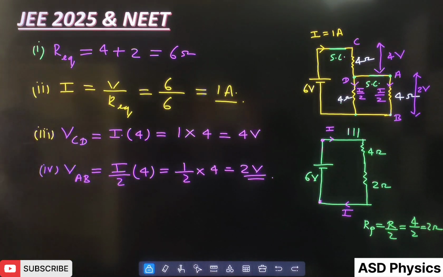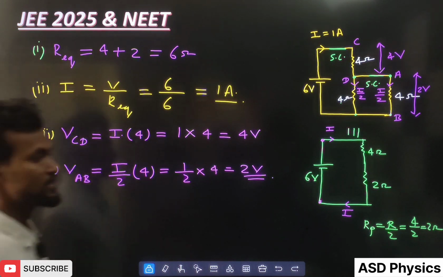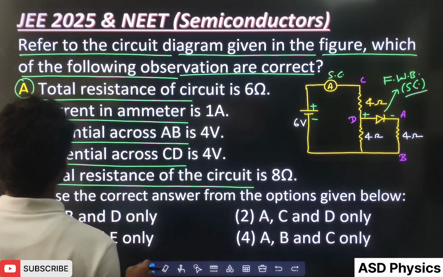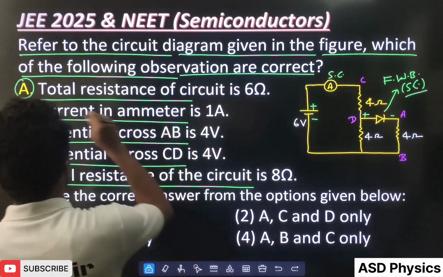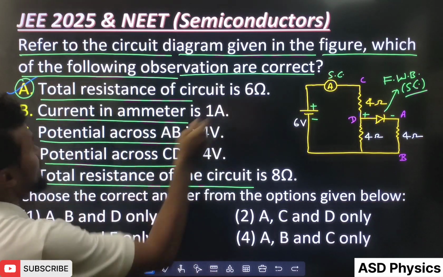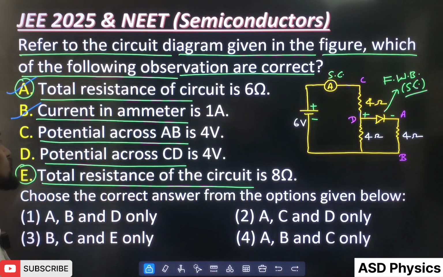So kindly see very well, what are the things we have got: resistance 6 ohm, current 1 ampere, VCD 4 volt, VAB 2 volt, is it. So if we go to the back side and see, total resistance of the circuit is 6 ohm, this is correct. Current in ammeter is 1 ampere, ideal ammeter, this is also correct.